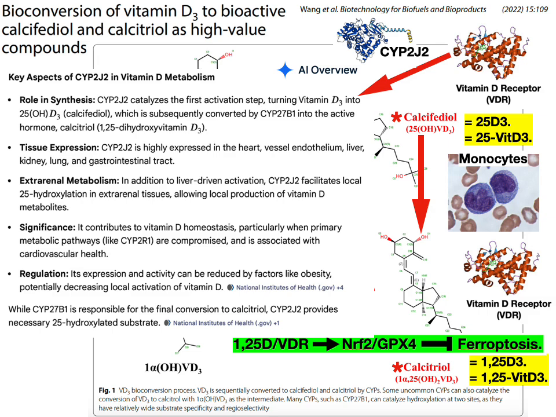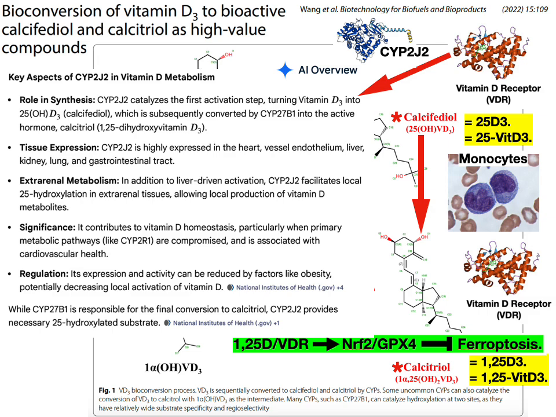All of those abbreviations are found in scientific and clinical literature. Tissue expression of this enzyme. CYP2J2 is highly expressed in the heart, vessel endothelium, liver, kidney, lung, and GI tract.